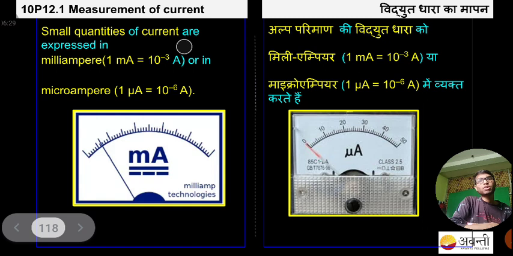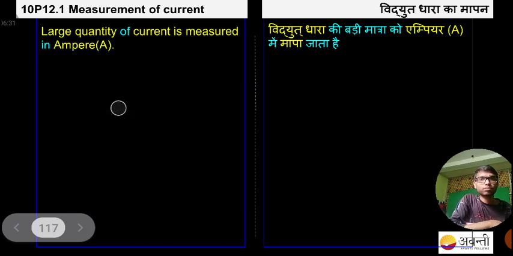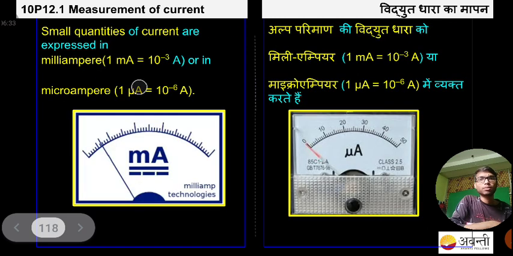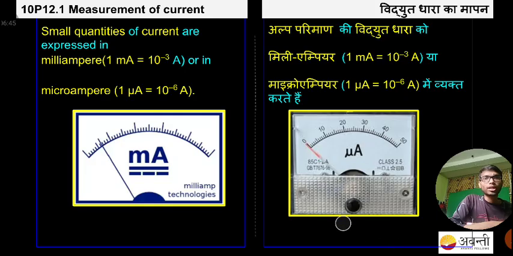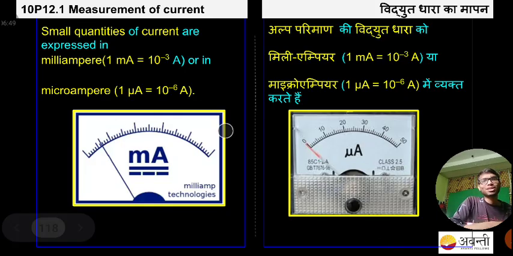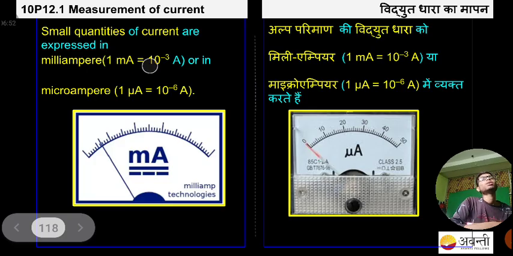Small quantities of current are expressed in milliampere, not millimeter. Milliampere means a small quantity. For even smaller quantities, microampere. 1 milliampere is equal to 10 raised to power minus 3 ampere, and 1 microampere is equal to 10 raised to power minus 6 ampere.